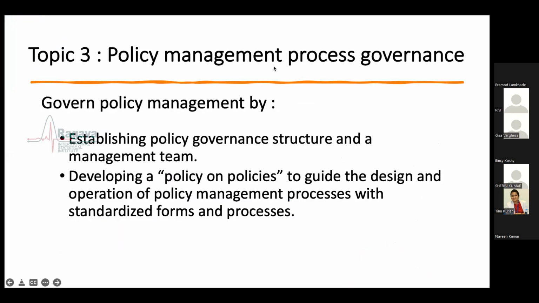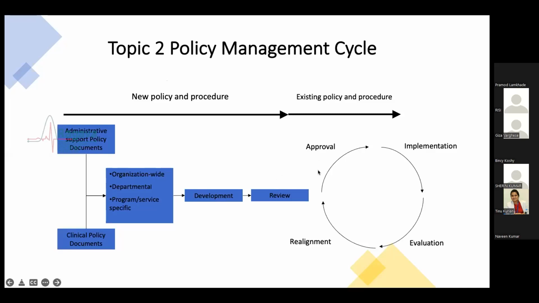Then it will go for approval. Implementation is also called enforcement, then evaluation, realignment, and so on. This cycle I would like to compare to our Deming cycle, the plan, do, study, act cycle. If you look at this cycle, it can be considered a PDSA cycle.